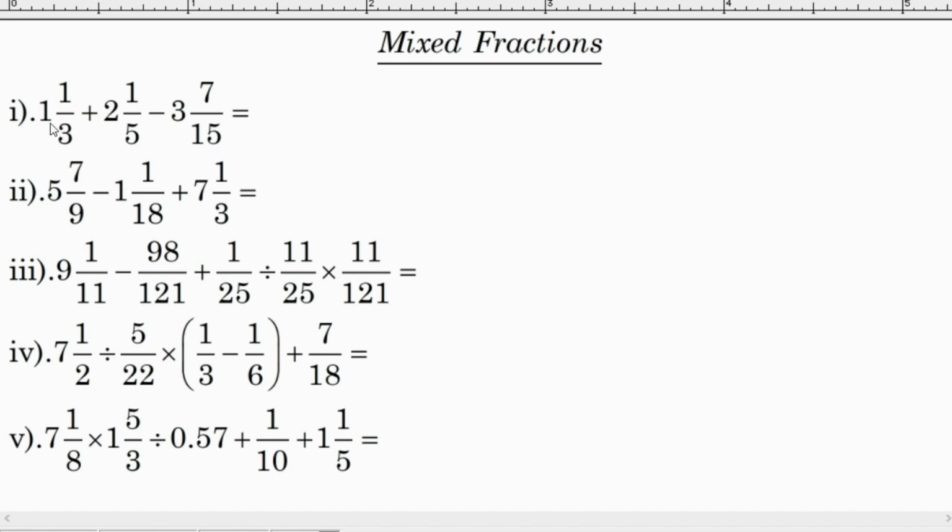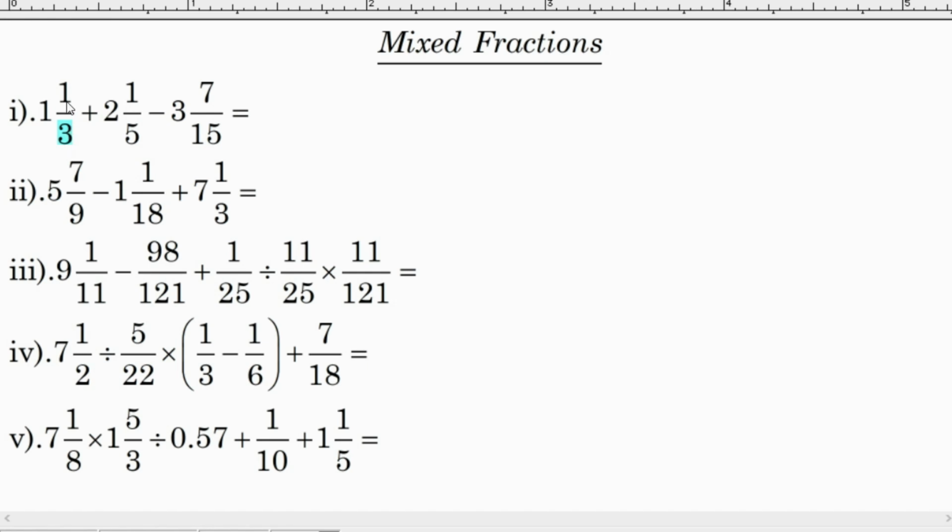We have this number, 1 and 1/3. This is one number, but it is mixed together. It has a whole number and a proper fraction. A proper fraction means the numerator has to be smaller than the denominator.